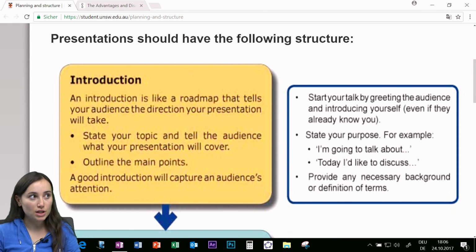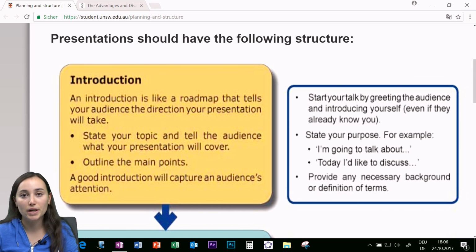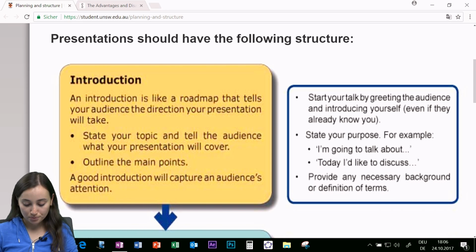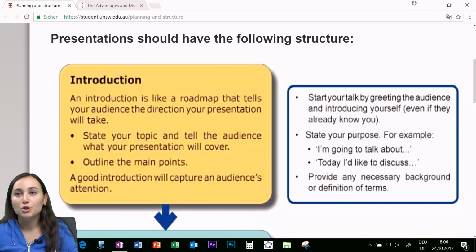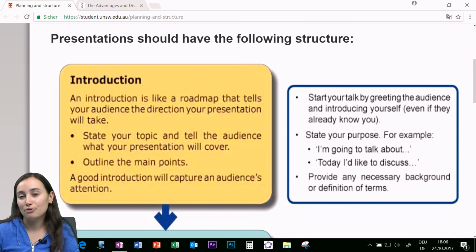So in the introduction you give a roadmap that tells your audience what you're going to talk about in the following, so in your main part. So of course you need to tell them what your topic is, what the issue is you're going to discuss, and maybe you could also say your opinion in the introduction, but I would keep it for the conclusion.